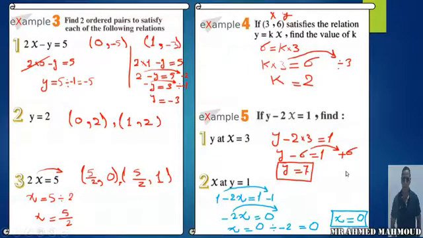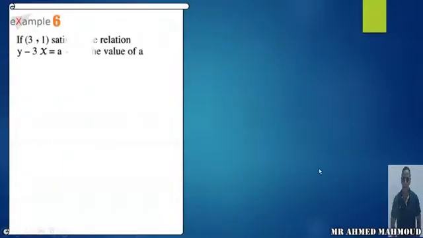Let's solve the next example. Here we have example 6. (3, 1) satisfies the relation y minus 3x equals a. Find the value of a. In place of x, I will write 3, and 1 here is y. I will replace this one.